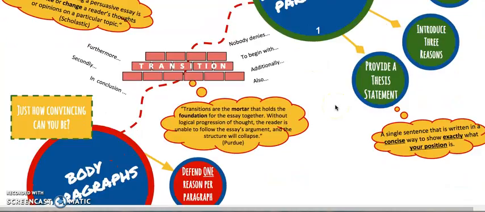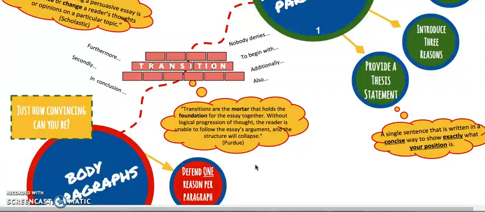Moving between paragraphs requires a transition, a statement, a phrase, or simply a word that signals to the reader that you are moving from one paragraph to the next, or even one idea to the next within a paragraph. Transitions are the mortar that holds the foundation for the essay together. Without logical progression of thought, the reader is unable to follow an essay's argument, and the structure will collapse.